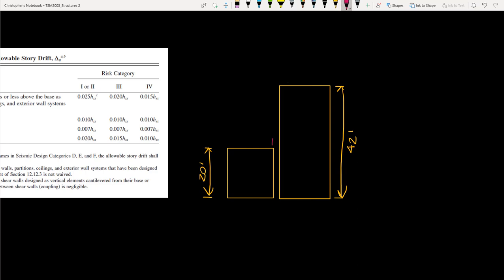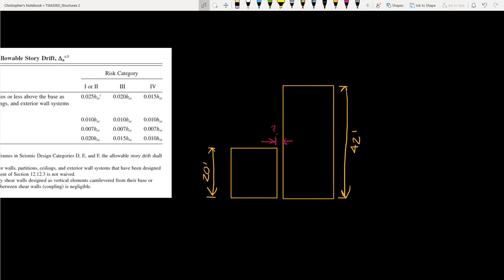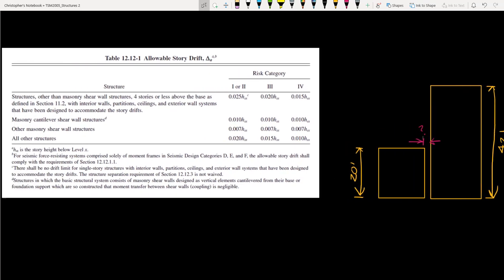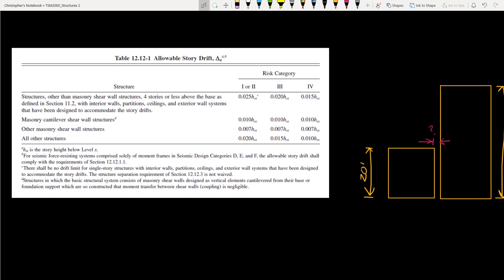So, how much separation do we need to guarantee that these buildings will not collide under seismic activity? Well, we know that the drift limit for seismic is restricted to these values here, so we can reasonably assume that the building won't drift beyond these limitations.